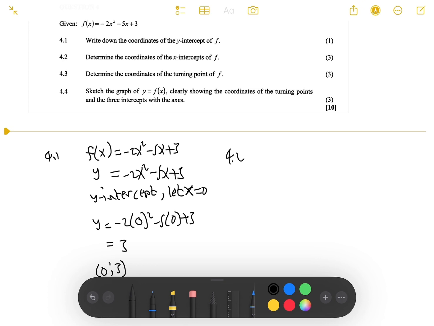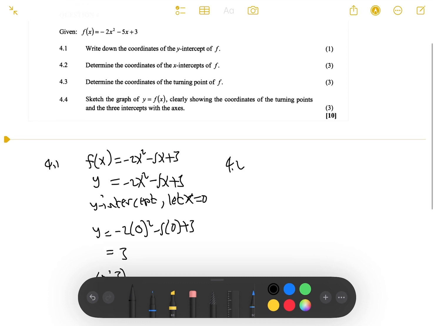Then 4.2, now they said determine the coordinates of the x-intercepts of f. Okay, so here we know that it's also where the y values are equal to 0, where the graph crosses or touches the x-axis, right?